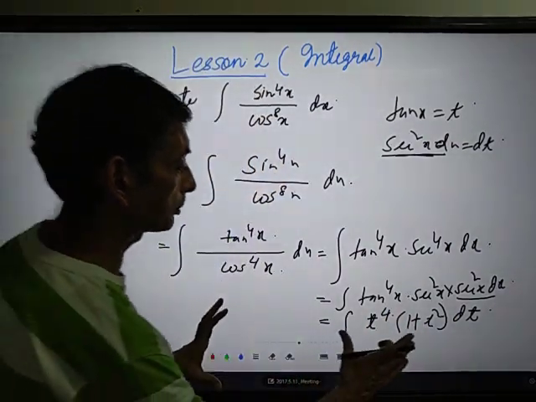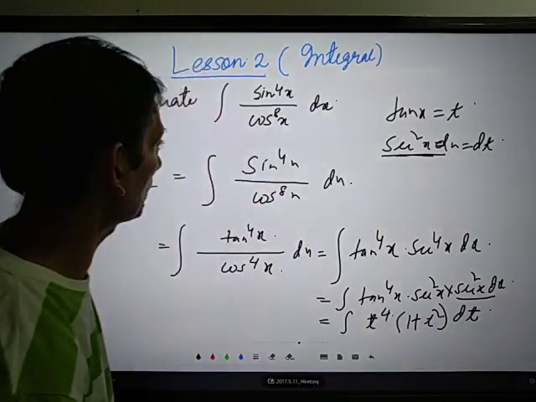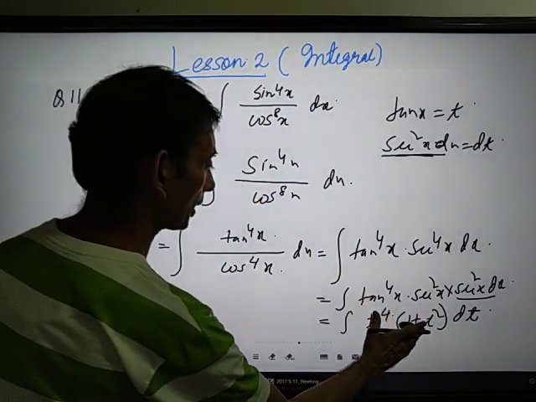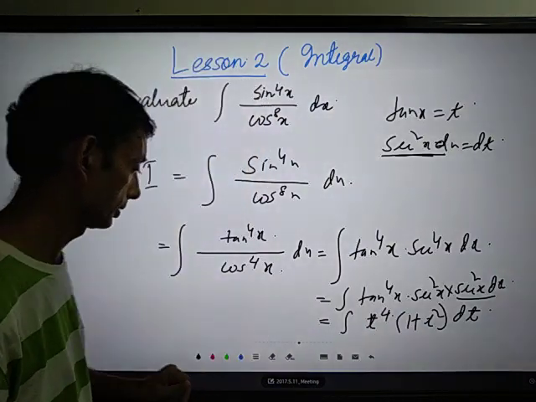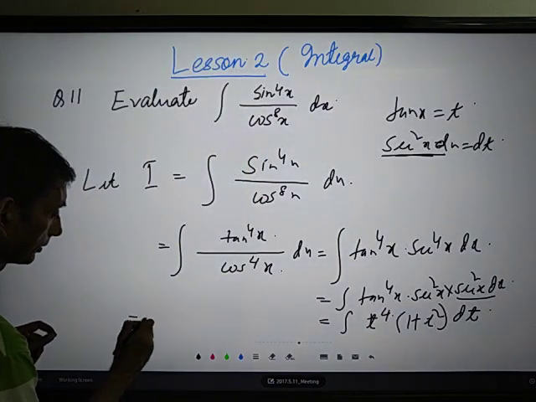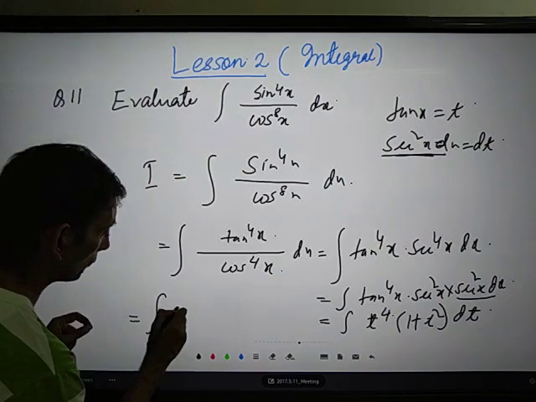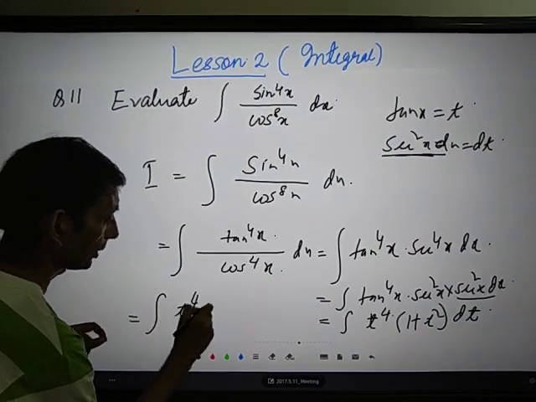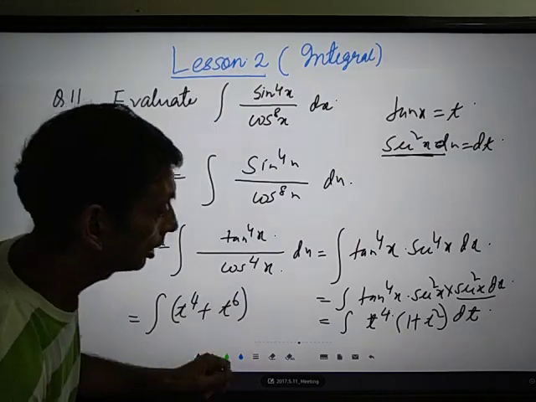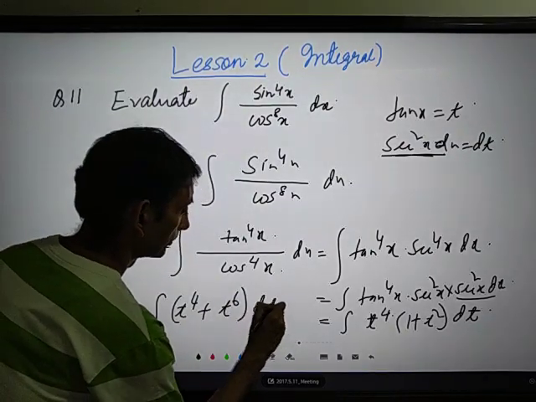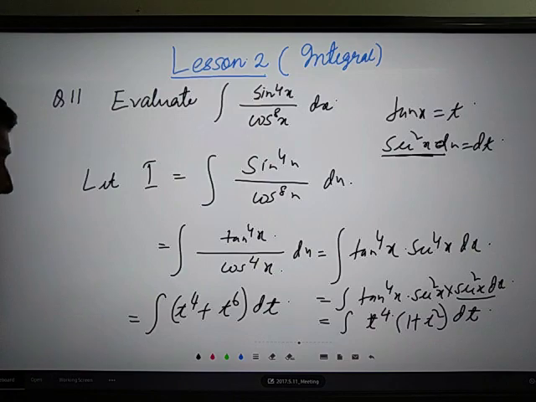Let's multiply: we get t to the power 4 plus t to the power 6 dt.